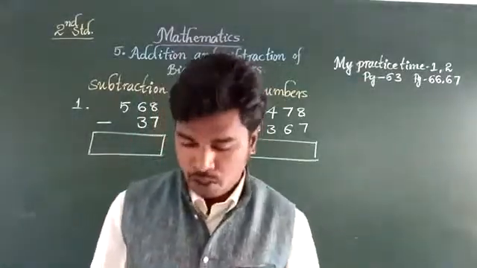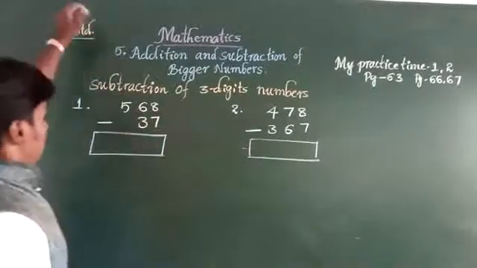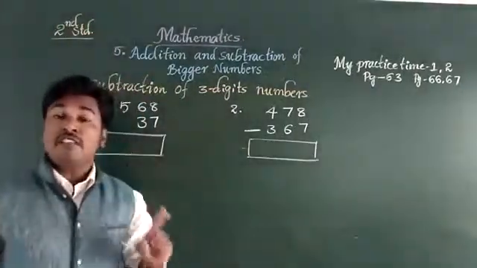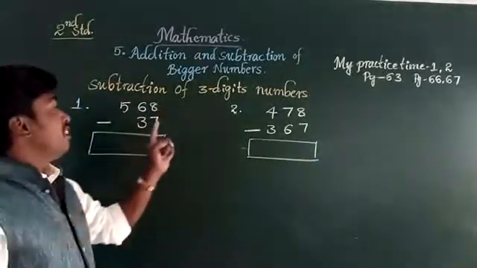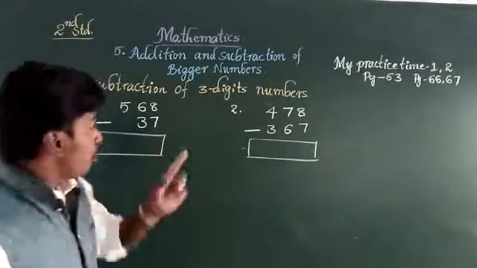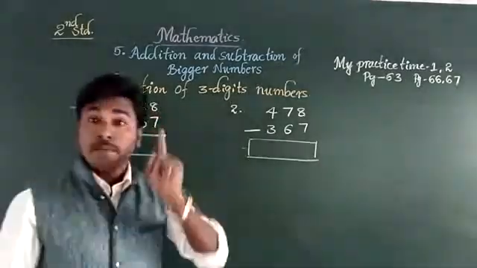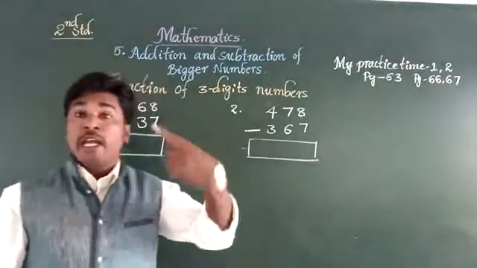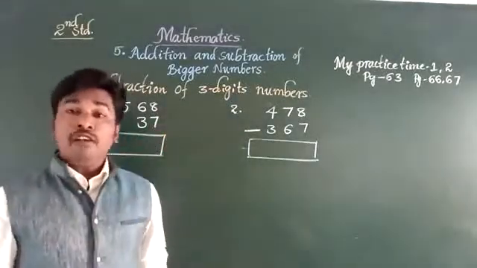In subtraction, the first number is called the minuend, and the second number is called the subtrahend. The first number you should keep in your mind. The second number, you may keep on your fingers.